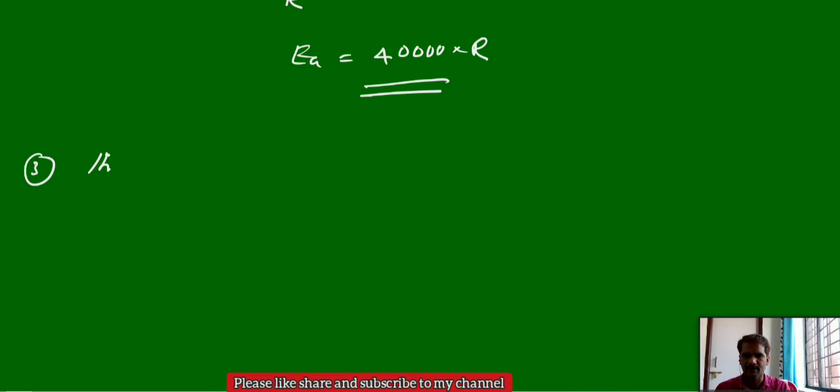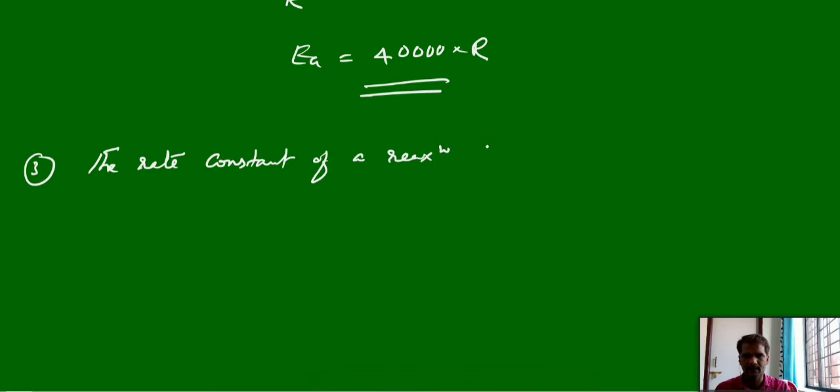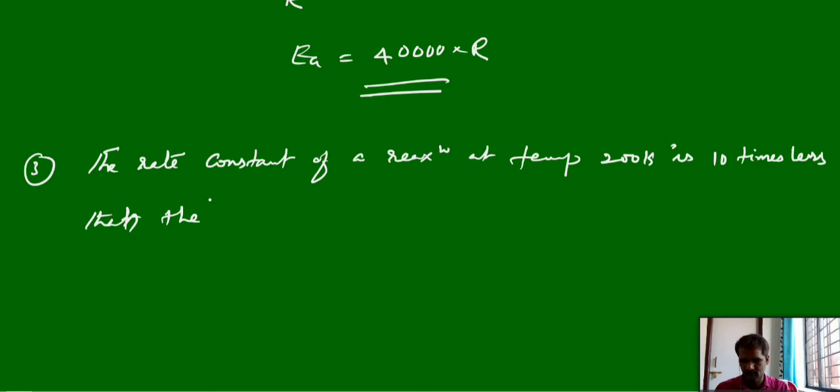The rate constant of a reaction at a temperature 200 Kelvin is 10 times less than the rate constant at 400 Kelvin.